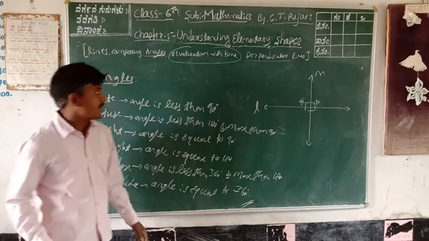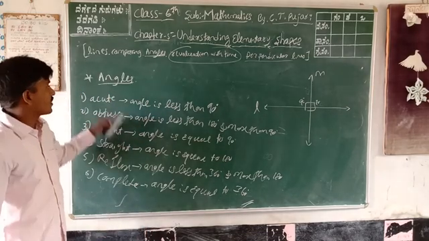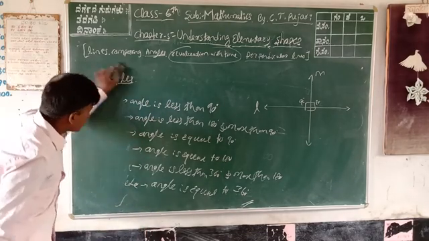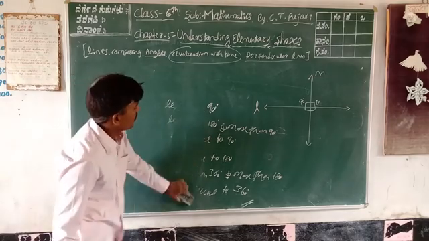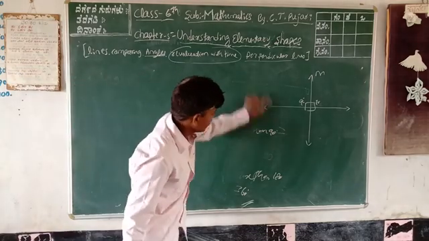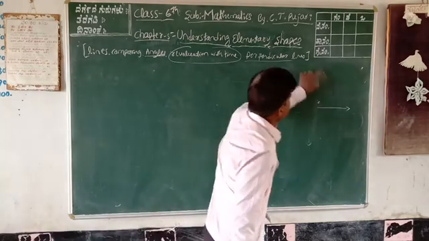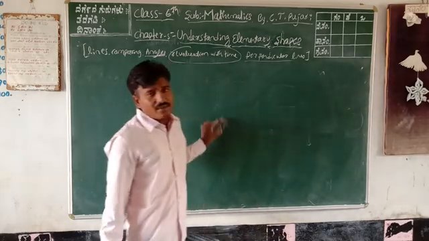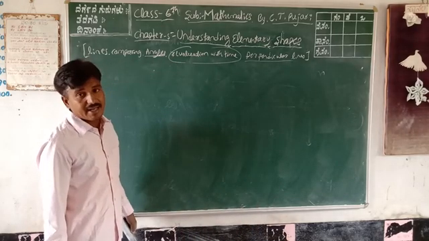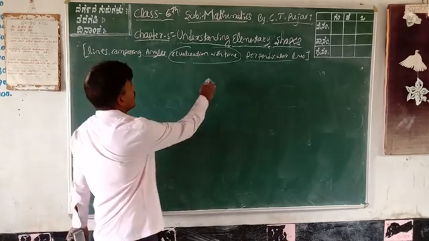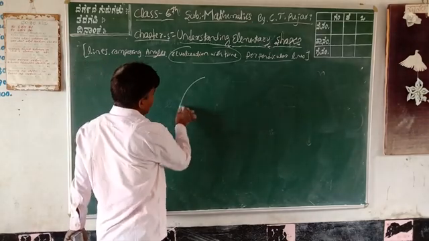Next we can study revolutions of the clock with angles. What is the meaning of revolution? Dear students, you learned about perpendicular lines, angles, and also revolutions. For example, consider one circle.